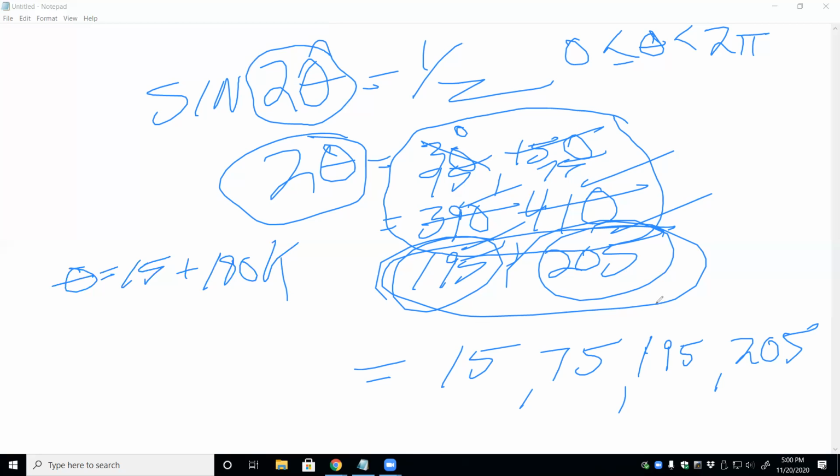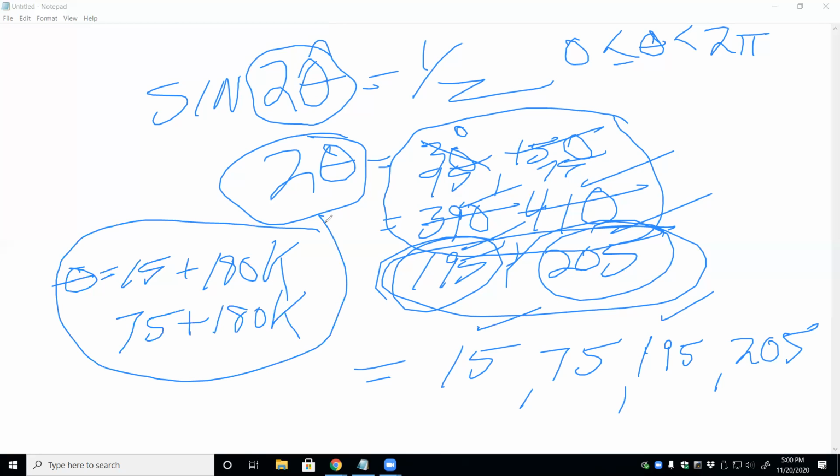In other words, it gives you that one, and then the other solution is 75 plus 180K. Because on the other problem, when we were doing half theta, we had 720K. In this problem, we're dealing with 2 theta, so it's going to be 180K. So I have to remember we're working with the period, and it's actually going to be half of what the period is normally.